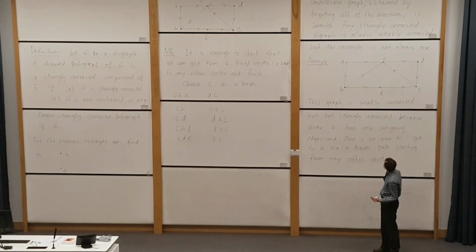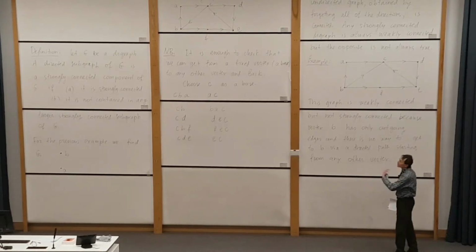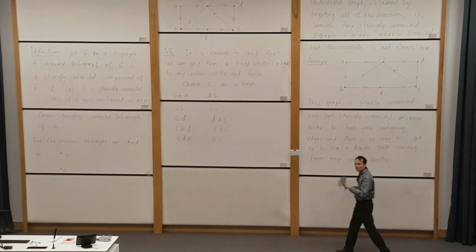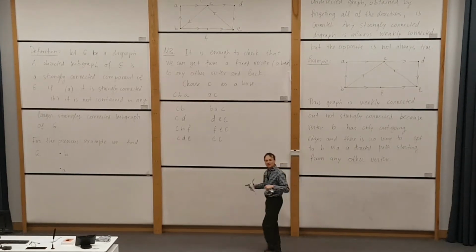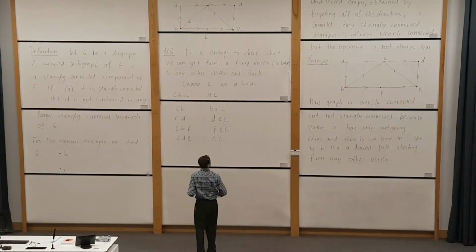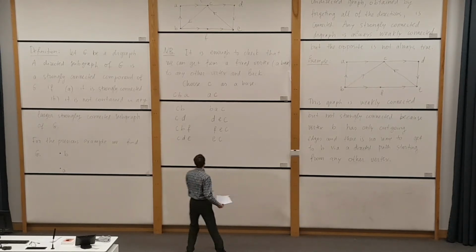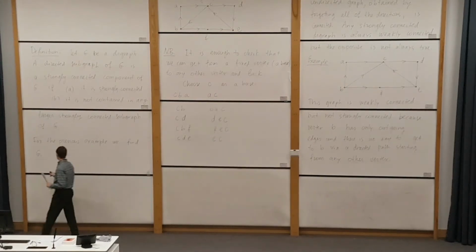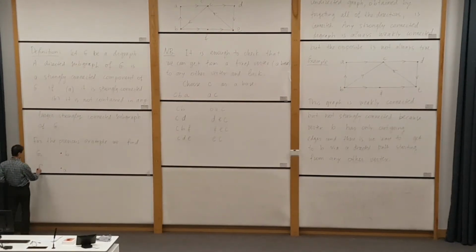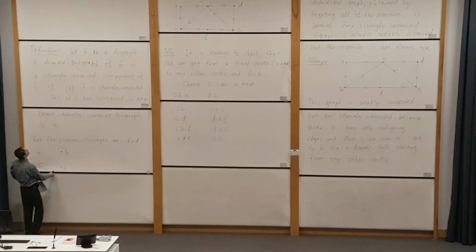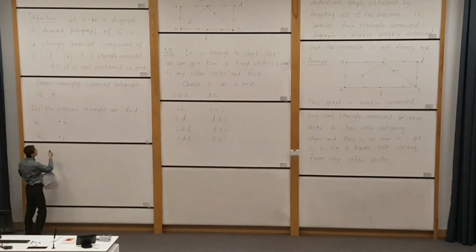So I claim that there is no way to arrive at A from any vertex except B, right? But B together with A cannot be put into the same strongly connected component because I cannot travel back from A to B. There's no way to get to B at all. So A, again, by itself forms a strongly connected component, which I call G2. So nothing can be added to it.